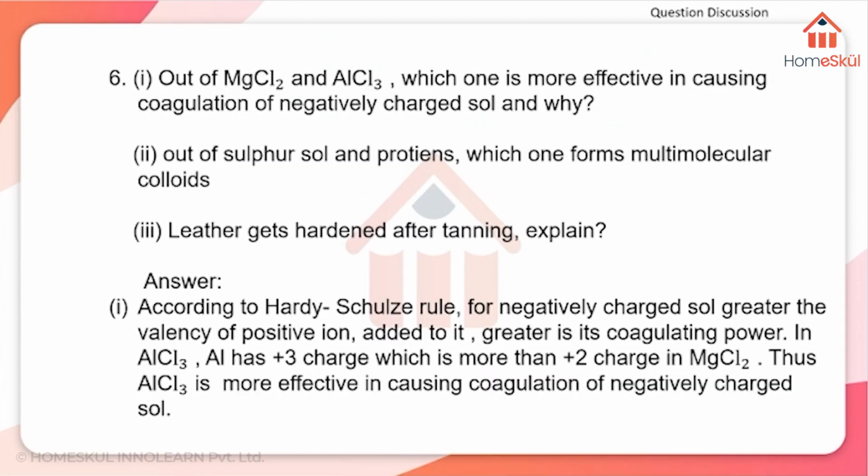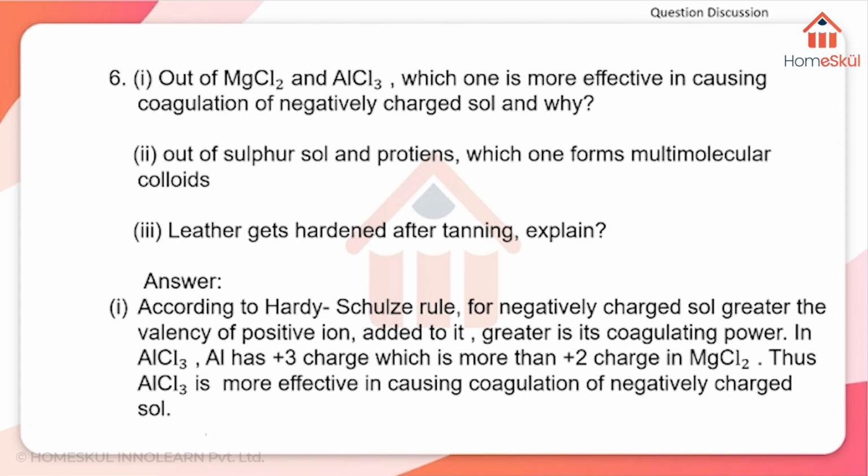Out of magnesium chloride and aluminum chloride, which one is more effective in causing coagulation of negatively charged sol and why? Okay, this is our first question. According to the Hardy-Schulze rule, for negatively charged sols, magnesium chloride has a valency of plus 2 and aluminum chloride has plus 3.